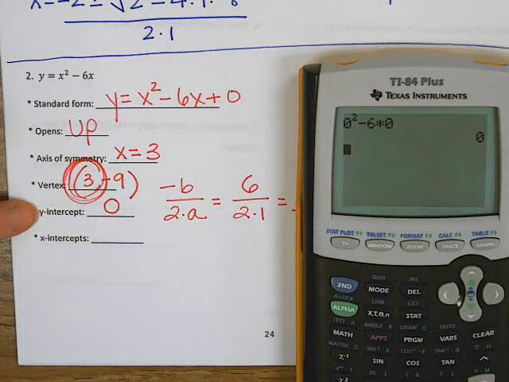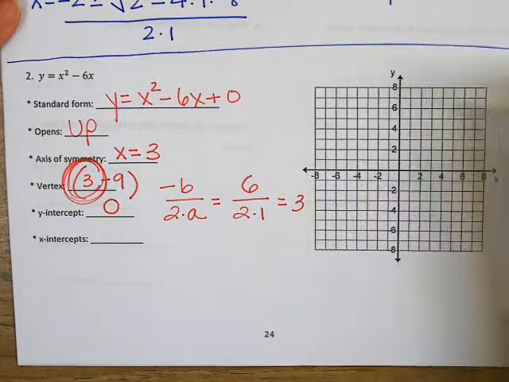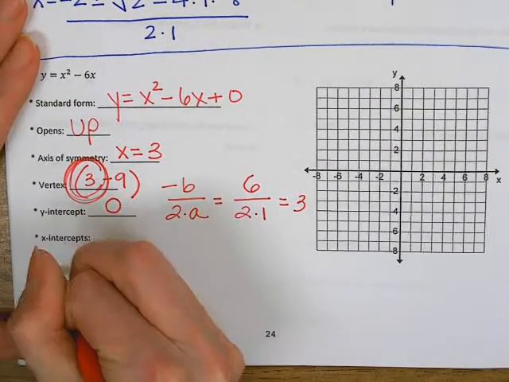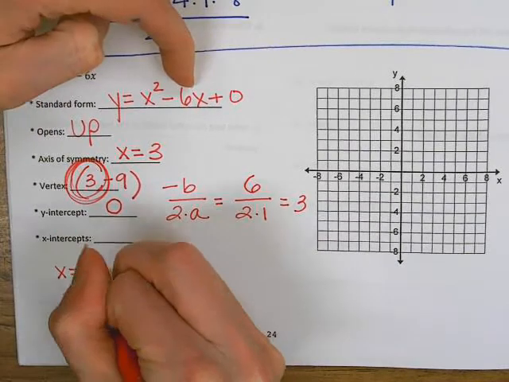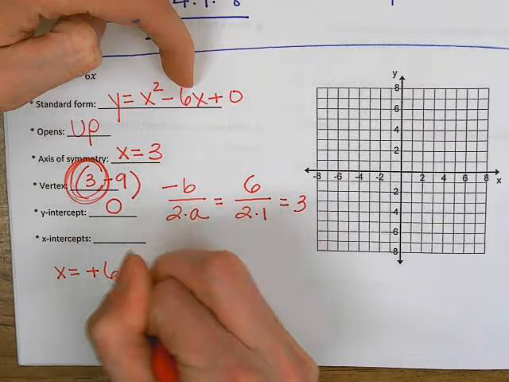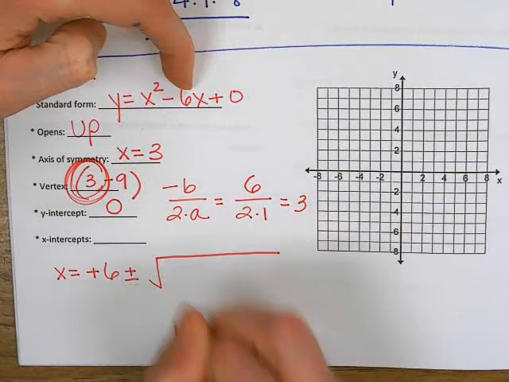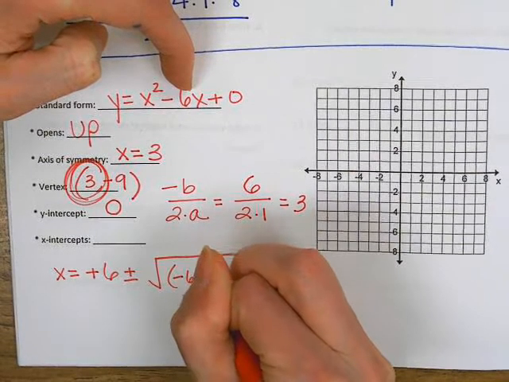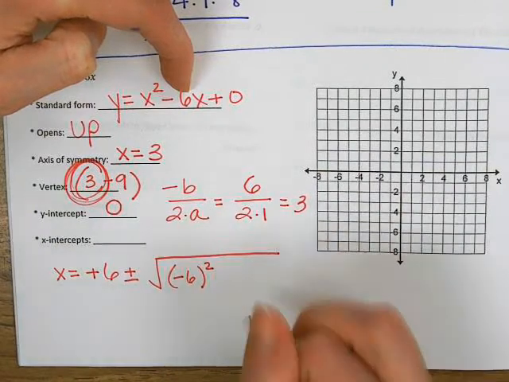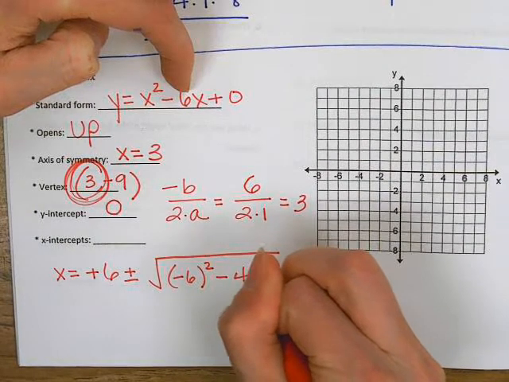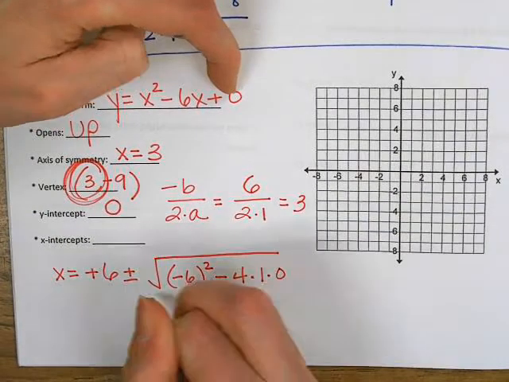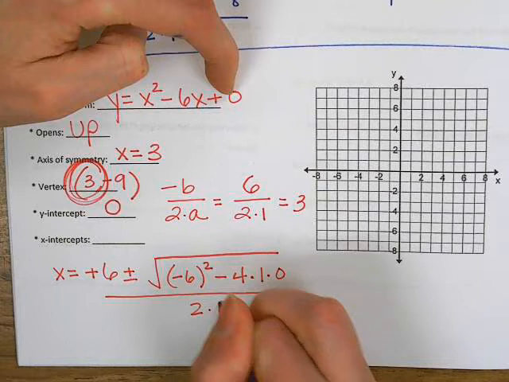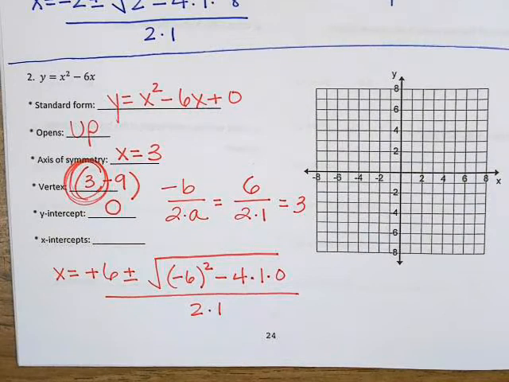And the x-intercepts, you do quadratic formula. Okay, so this is the long one. X equals negative b would be positive 6 plus or minus square root. B squared would have to be in parentheses. Minus 4 times a is 1 and c is 0. All over 2 times 1. All right, so that's what you guys plug in.